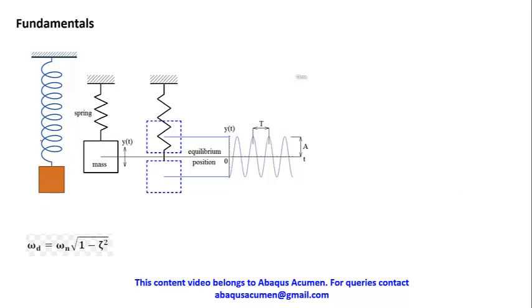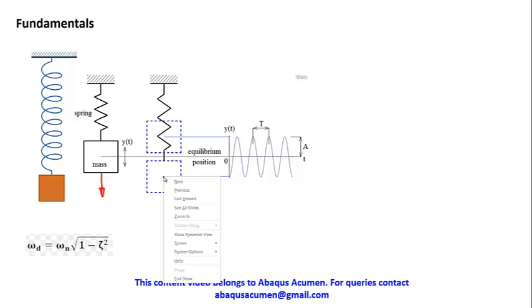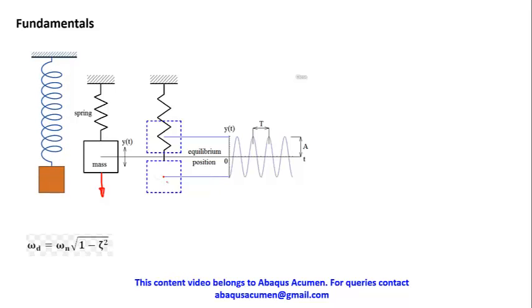If I just disturb this, I pull it back and then leave it, from the equilibrium position I pull it some distance and then leave it, it will move to two extreme positions from the mean position, up and down, and it will just keep on going. We are taking an undamped condition, so it will just keep moving.